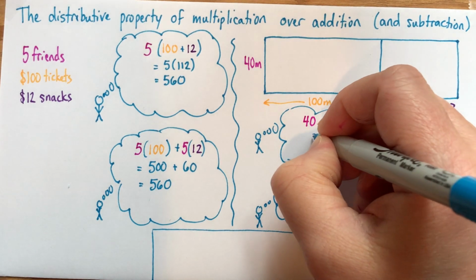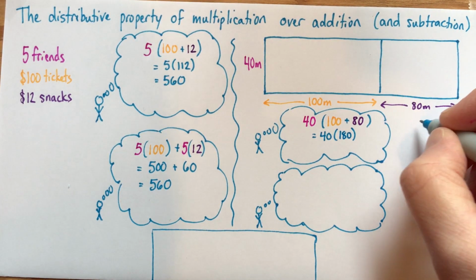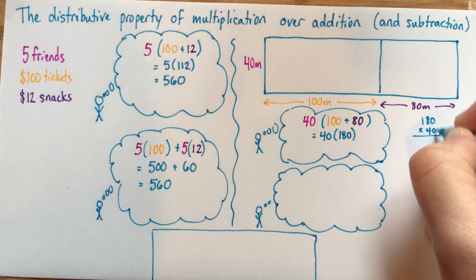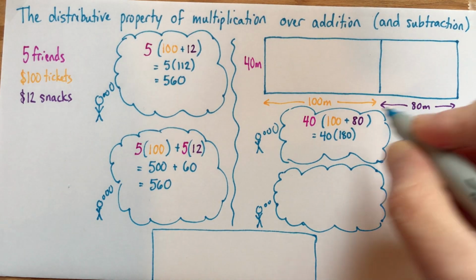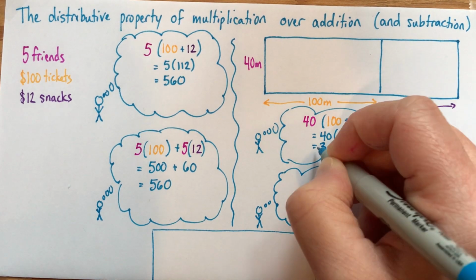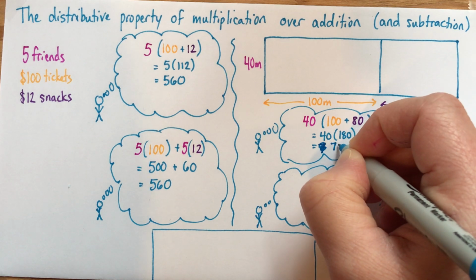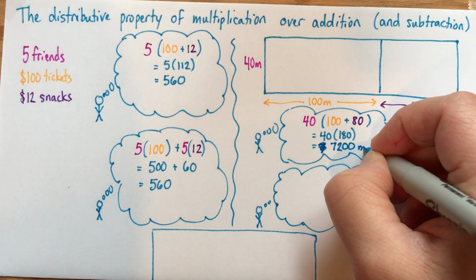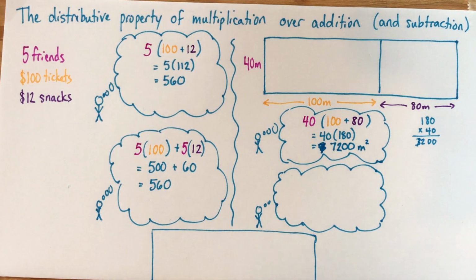So they say, okay, well, that's 40 times 180. And then maybe they do some long multiplication, maybe they pull out a calculator, maybe they have some mental math. But what they get is 7,200 square meters. So the area of the large rectangle is 7,200 square meters.